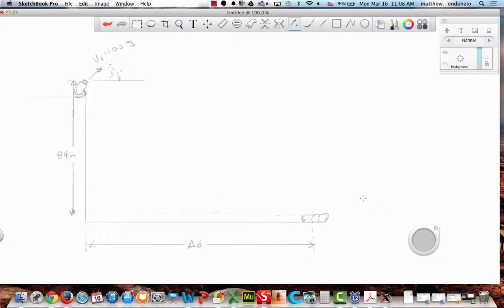I want you to tell me the delta time it's going to take to do that. So what's the distance for the mattress? What's the time it's going to take for it to hit the mattress? And then I would like you to tell me the maximum height.